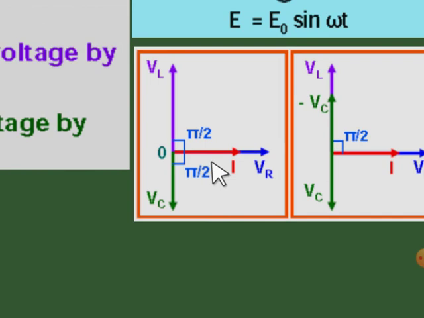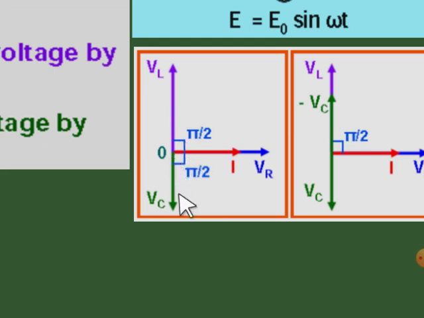As in an AC circuit containing a resistor, current and voltage are in phase, they are drawn along the same line. But in the case of an inductor, current lags behind its voltage by π/2, so this represents the voltage VL across L, which leads the current by π/2.